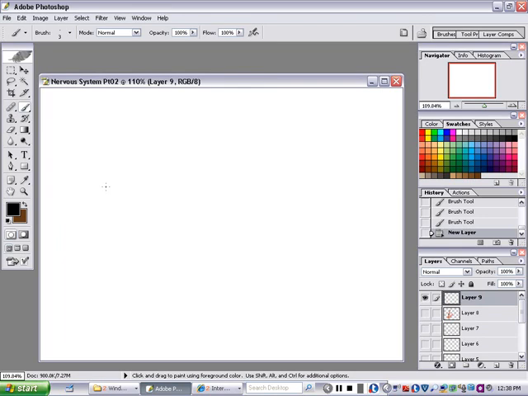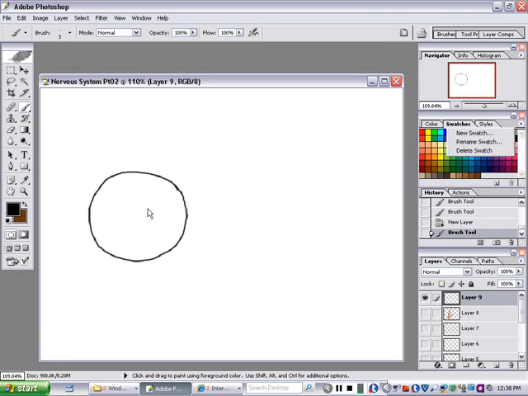Which one do I want to do next? Normally, I'm going to draw here. Normally your eyes, this is going to be an eye, and let's give this person blue eyes.